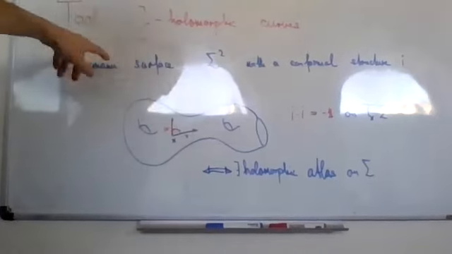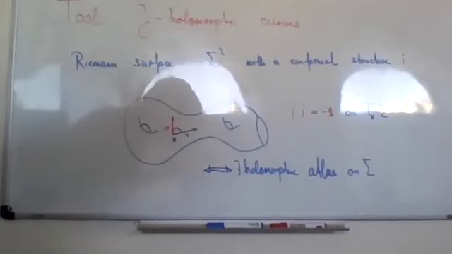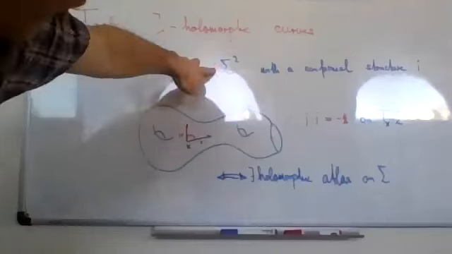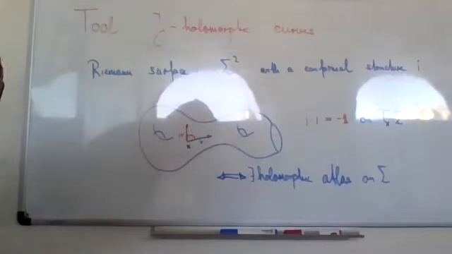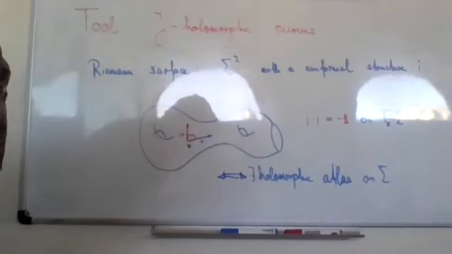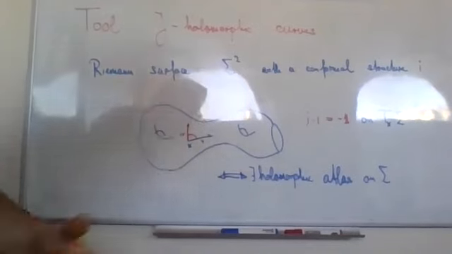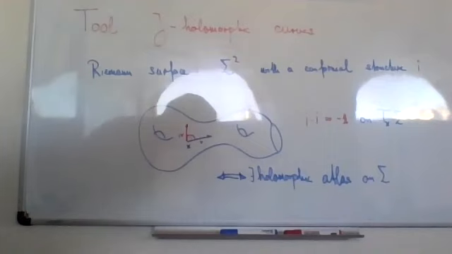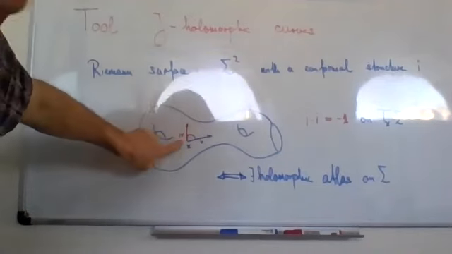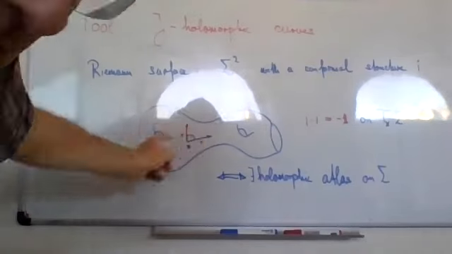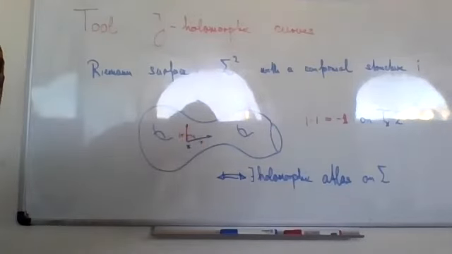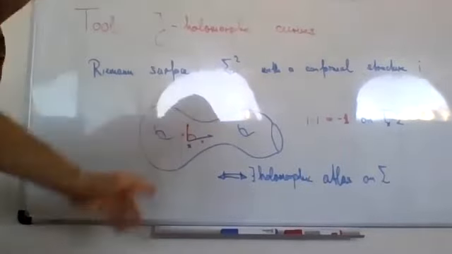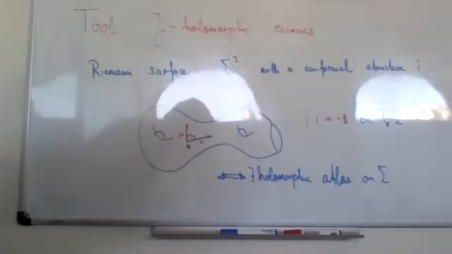So here I want to say what a holomorphic curve is, a J-holomorphic curve. So we have a Riemann surface as a domain, and you fix a conformal structure. It just means you decide what 90 degrees are, right? In every point in the tangent plane, you decide what it means to turn by 90 degrees, or you decide what it means to turn such that if you apply it twice, it's minus the identity.